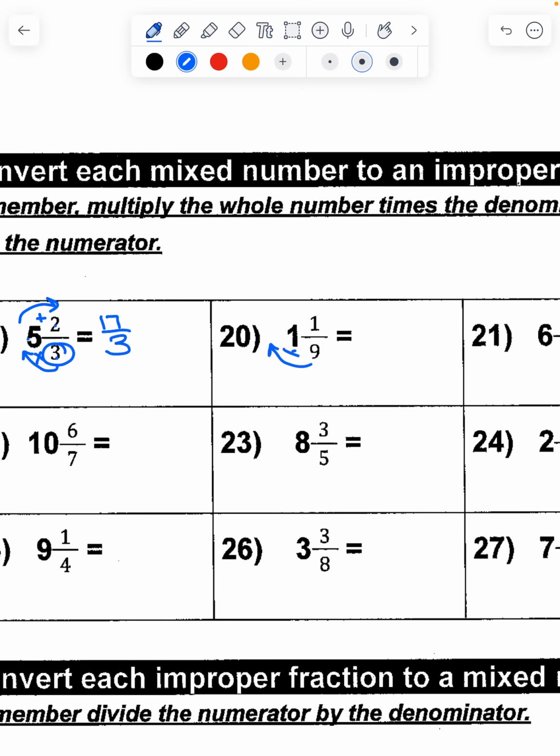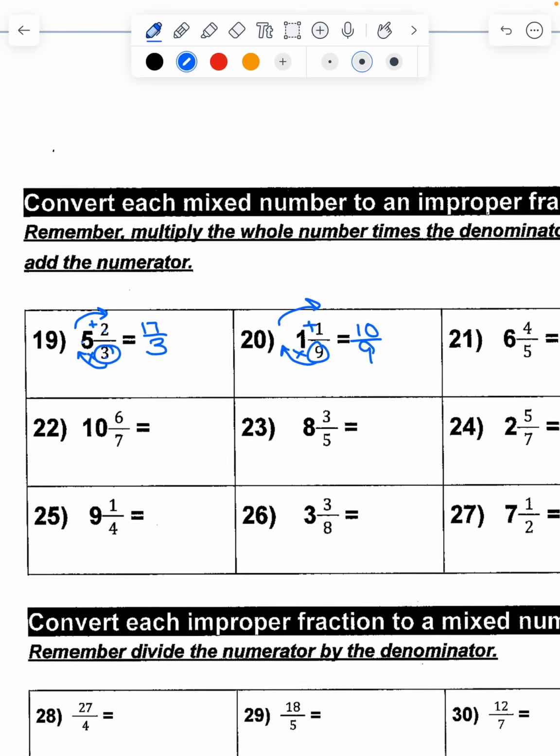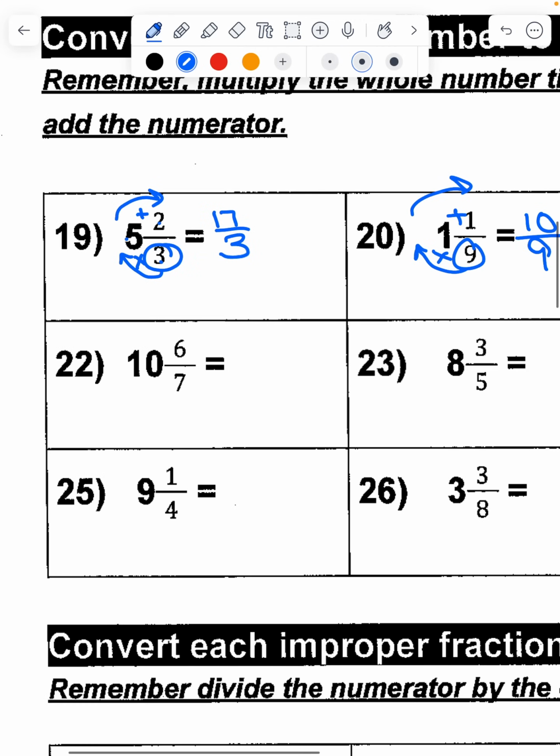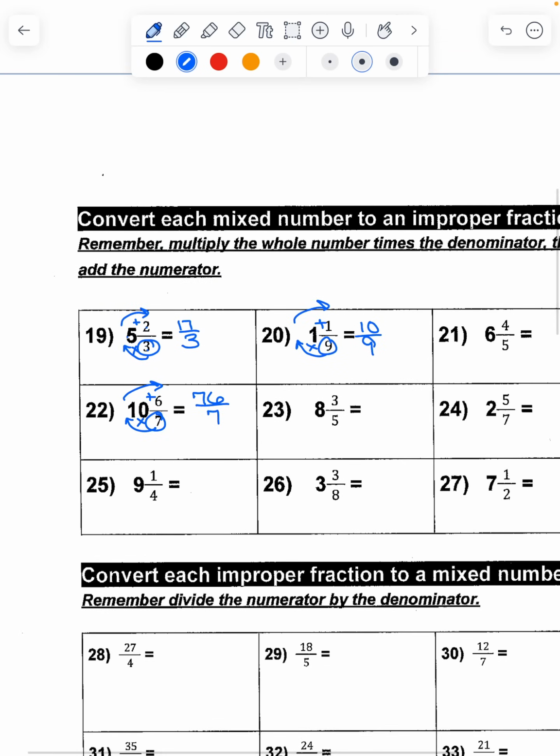Let's go to 20. We're going to do 9 times 1, which is 9, plus 1 is 10. Put it over the same denominator. So we have 10/9. I'm going to jump to 22, even numbers. 7 times 10 is 70. Plus 6 is 76, and you put it over the same denominator, so 76/7.